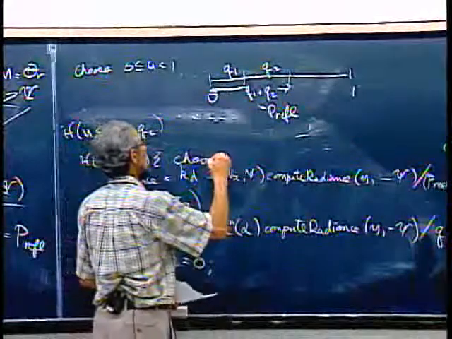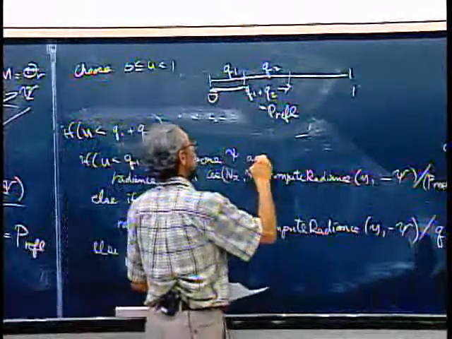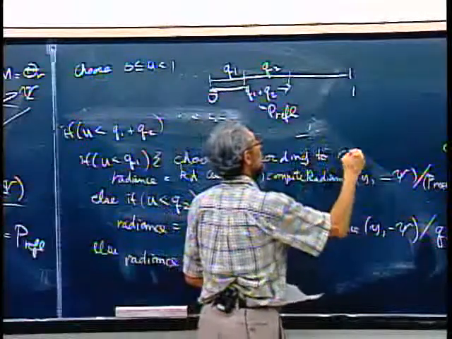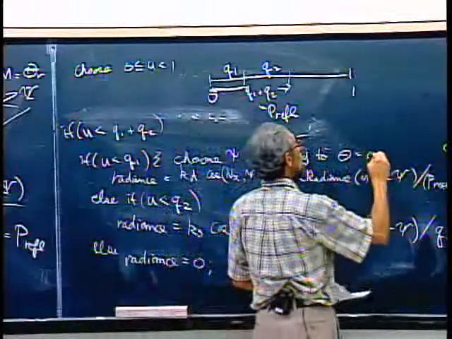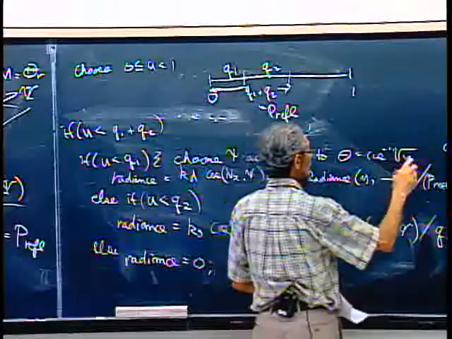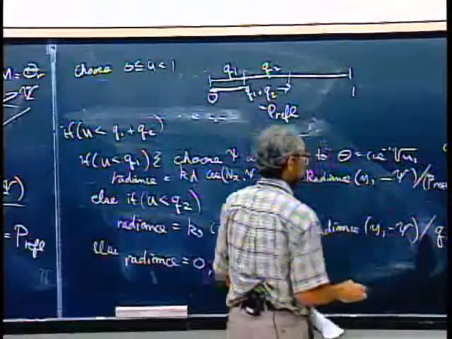Choose psi according to theta equals cosine inverse the square root of u. Or let's make another one. Let's call it u1, a separate sample.